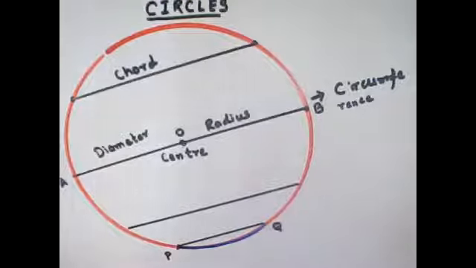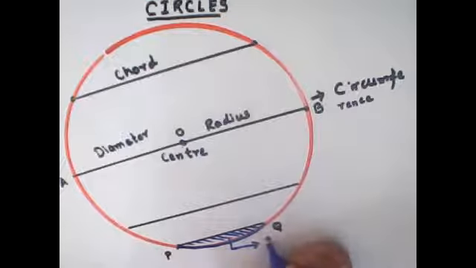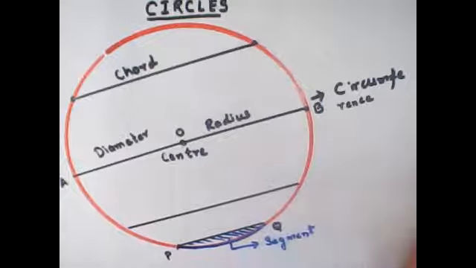The region between the chord PQ and the arc PQ, the area, this region is called a segment of a circle.